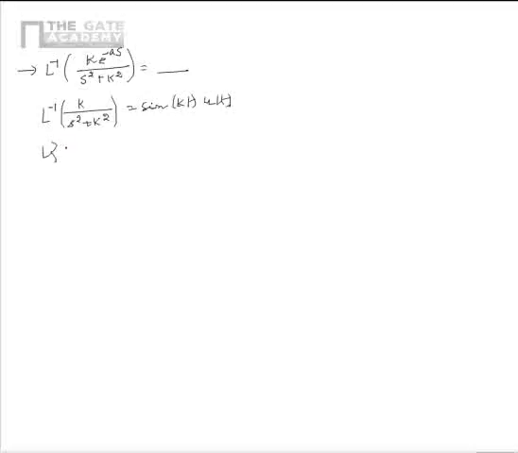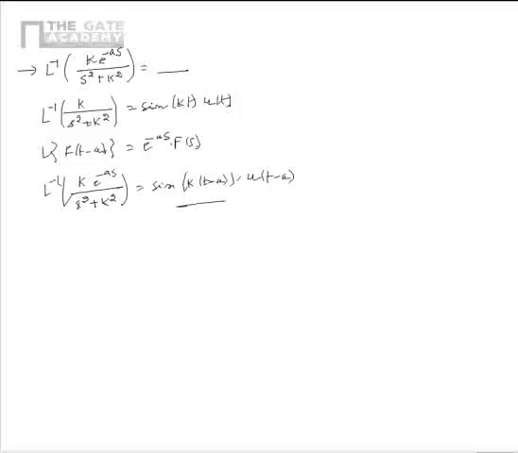We also know that the Laplace transform of f of t minus a, where a is greater than 0 and f of t is a one-sided function, can be written as e power minus as into F of s. From this, we can write that L inverse of k into e power minus as divided by s square plus k square is equal to sine of k into (t minus a) multiplied by u of (t minus a).